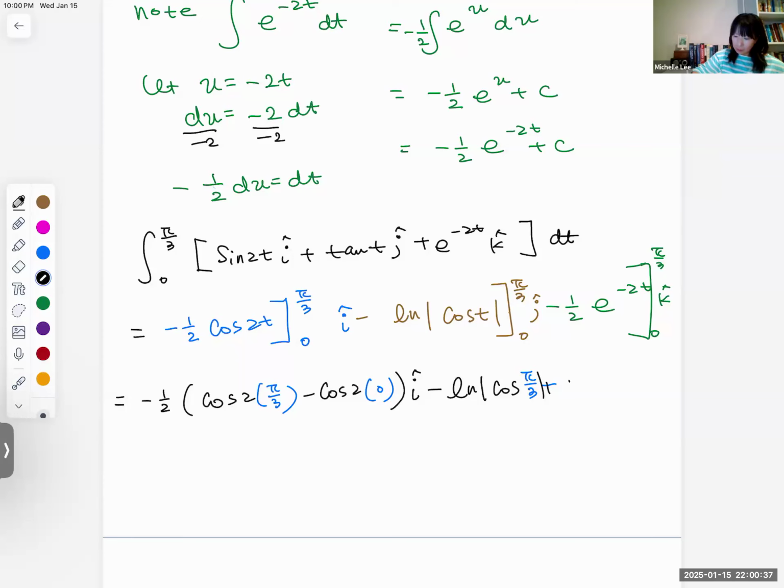So it's a positive. Natural log of cosine 0, and j hat.